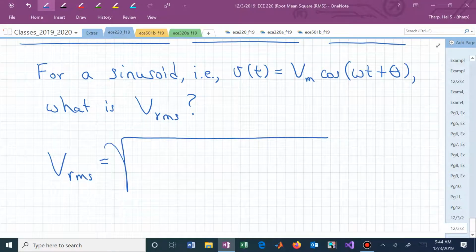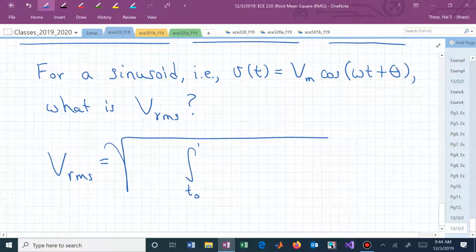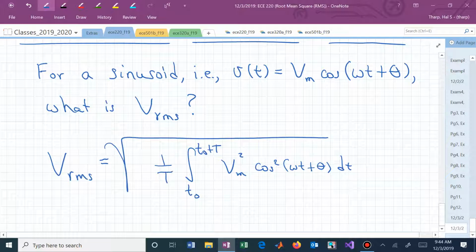We first square that waveform, so that's V sub m squared cosine squared of omega t plus theta dt. We then want to find its mean, so we integrate over a period and divide by that length of time.